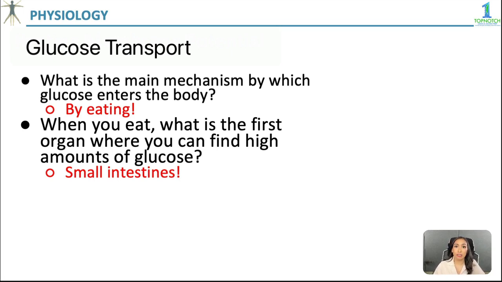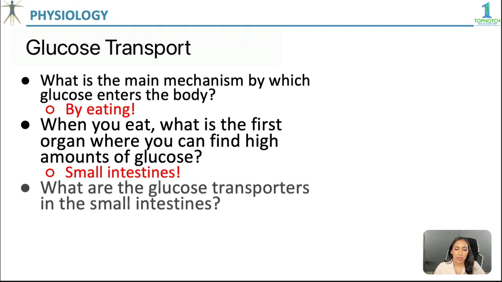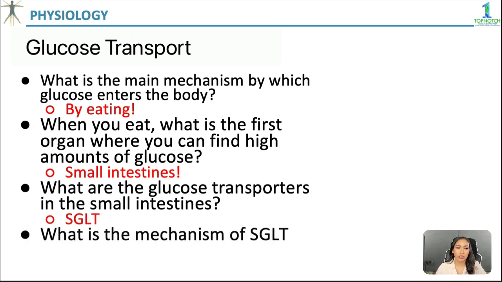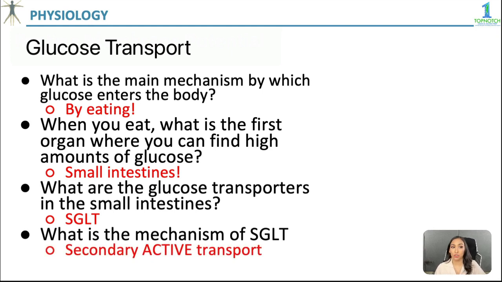Diba una sa GI tract sa small intestines? At first, doon pinakamaraming may glucose, right? And what are the glucose transporters in the small intestines? It's the SGLT transporters. And what is the mechanism of SGLT? It's secondary active transport. So that answers the question.